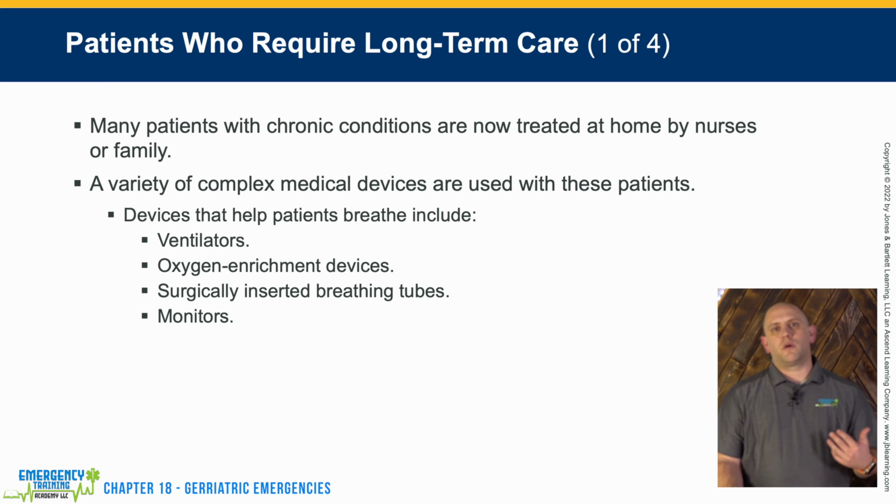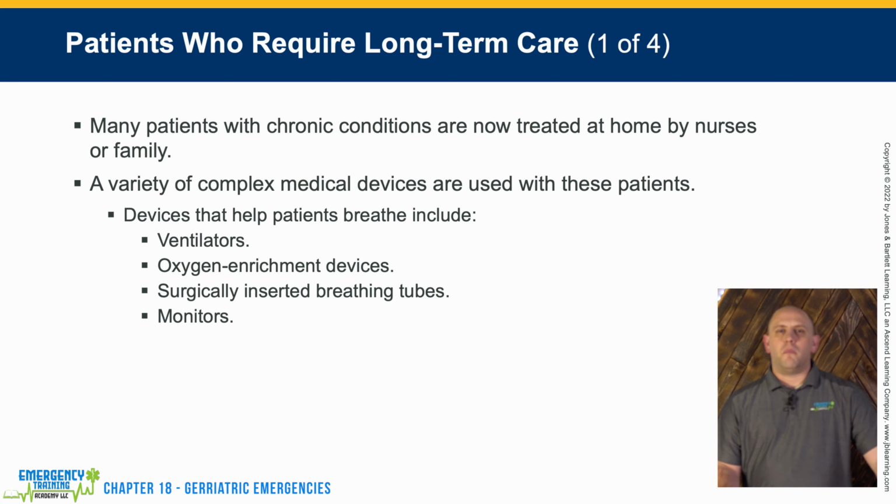These patients who are receiving long-term care may have a variety of medical devices that we need to be aware of. They could include ventilators, which are actually breathing for the patients. They could have oxygen enrichment devices or oxygen concentrators that we would see in their home. They may have oxygen bottles that they carry around.